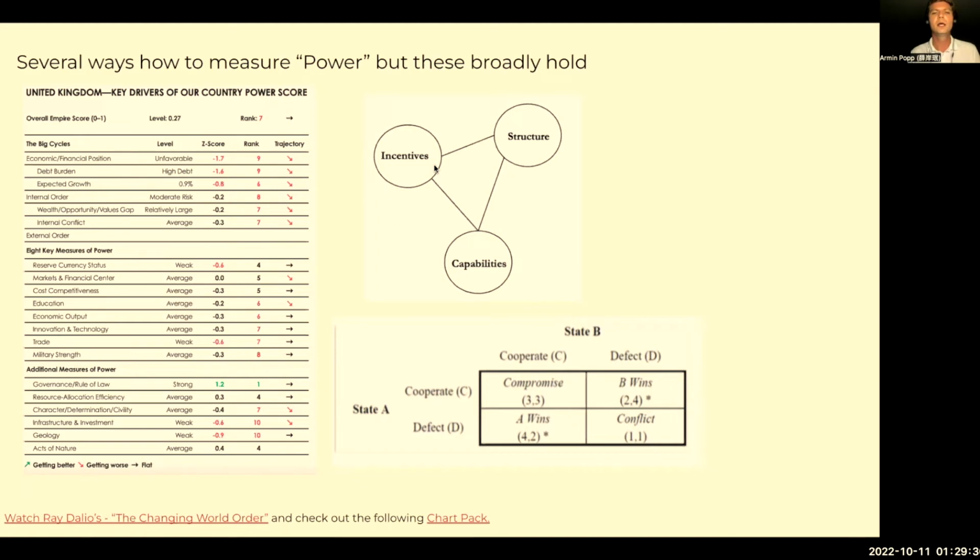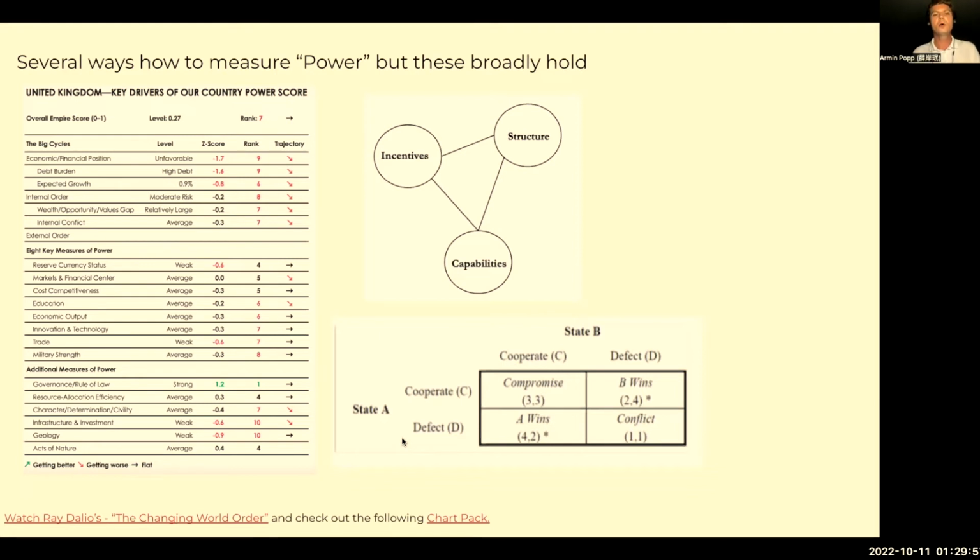So you have incentives that are determined by the capabilities, but often these incentives and the structure also determine the capabilities. At the end of the day, when we talked about the rules just now, it's always a little bit of a game theory thing.